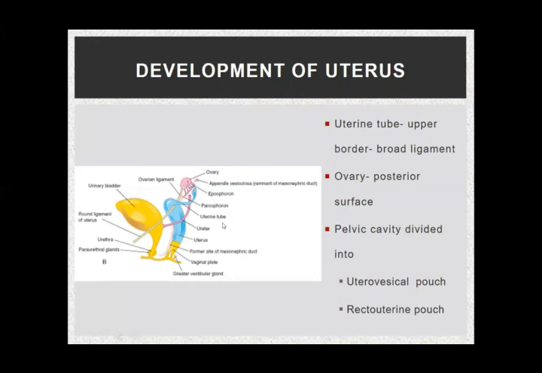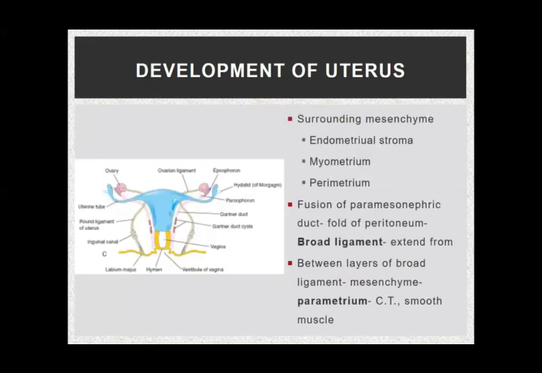Now, remember one thing. I'll go back for a minute. Look, this is the uterus. Anterior to the uterus is the urinary bladder. Posterior to the uterus is the rectum. And we have the broad ligament attached to the lateral borders of the uterine tube and the side wall of the pelvis.